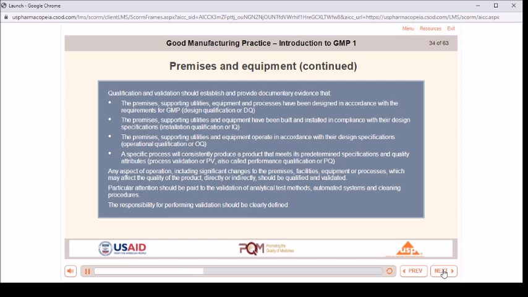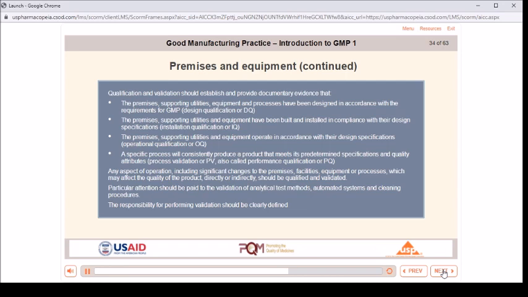The premises, supporting utilities, and equipment operate in accordance with their design specifications, Operational Qualification, or OQ. A specific process will consistently produce a product that meets its predetermined specifications and quality attributes, Process Validation, or PV, also called Performance Qualification, or PQ.